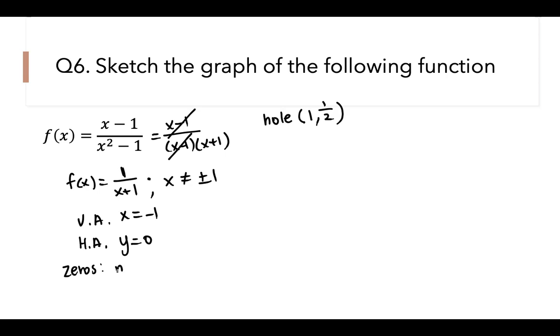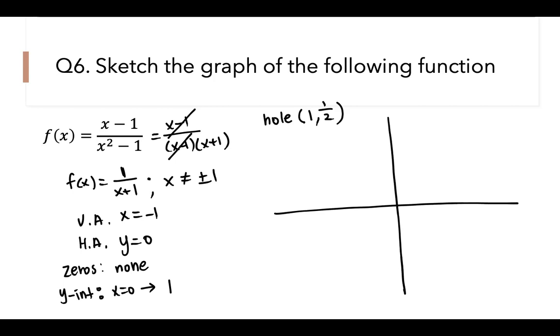So that means there are no x-intercepts. Okay, so it seems like we have all the information. Why don't we find the y-intercept? We can find the y-intercept by letting x equal 0. So I'm going to plug in x equals 0. It's going to be 1 over 1, which is 1. Okay, so we have all the information. So let's draw the grid.